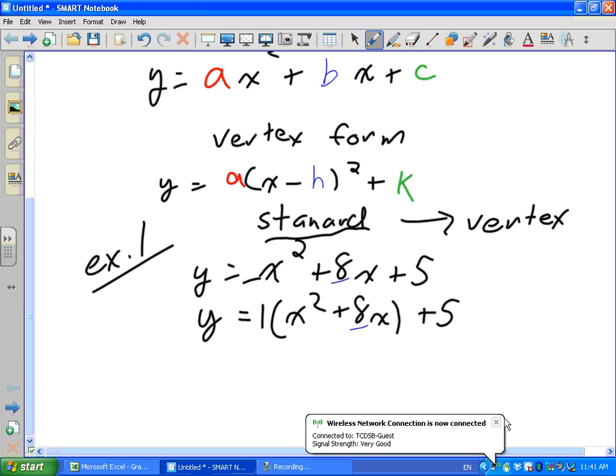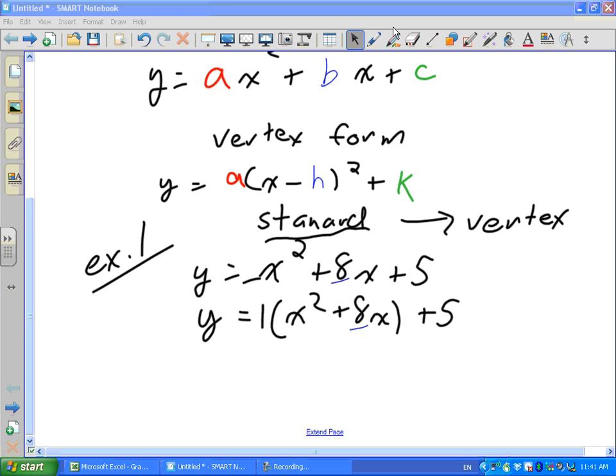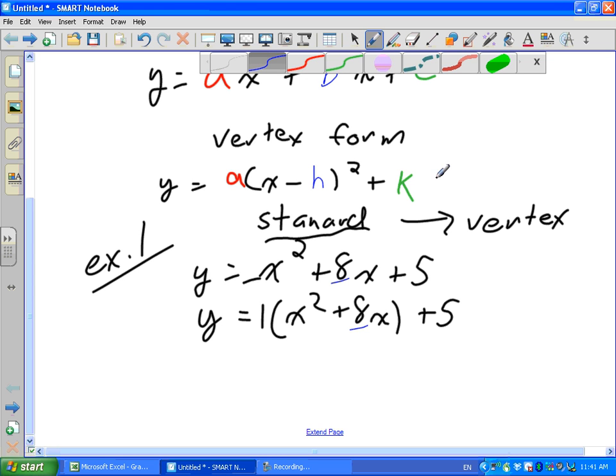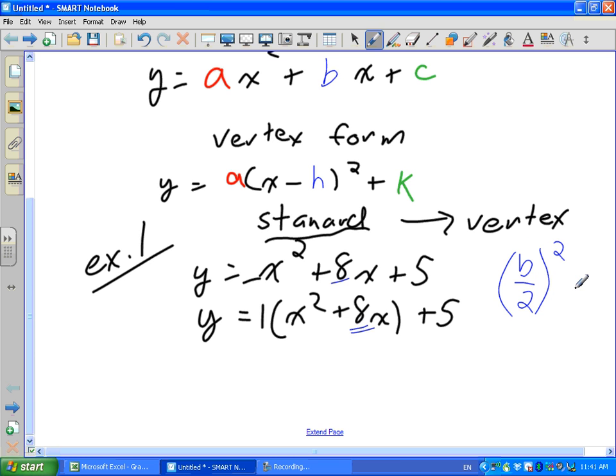We're going to continue to call it B just because it seems to fall in that place. So, what we're going to be doing is we're going to be taking this number, we're calling it B, we're going to divide it by 2, and then square it. So you need to remember that little formula. B divided by 2 squared. We need to memorize that formula so that we know what to add to the brackets.